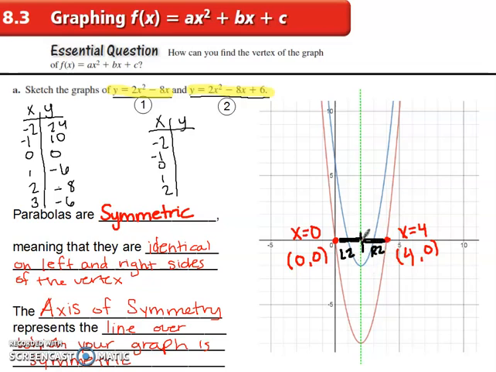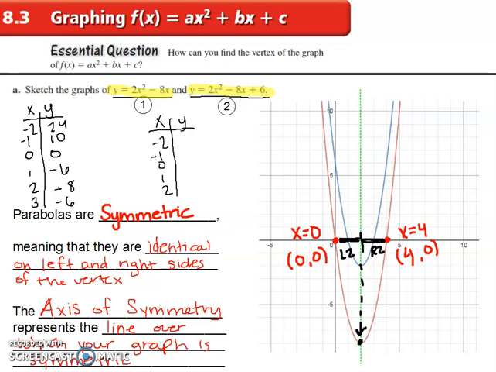So sure enough, that line of my axis of symmetry, or my vertex, this point here, is exactly in the middle of both of my x-intercepts. And the reason for that is because parabolas are symmetric.